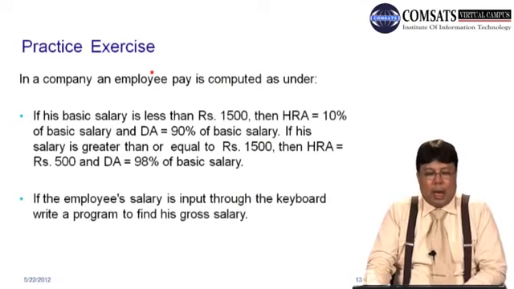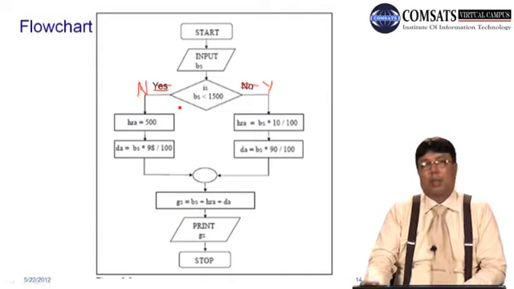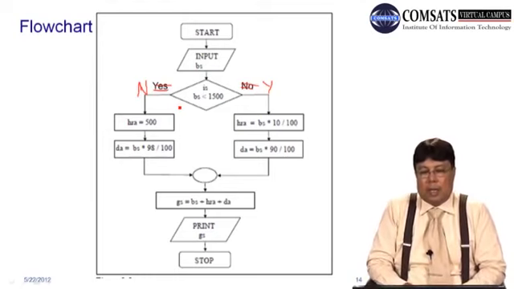The question says that if the salary is less than 1500, then HR allowance is 10%. So here we are computing. So if the salary is less than 1500, we can say yes, it should be like this, and if we say no, then it should use this path. Okay, so there was a mistake in the slide.